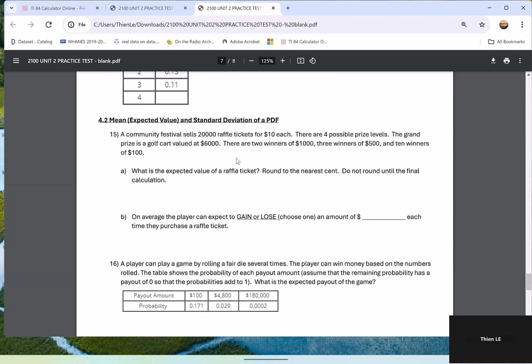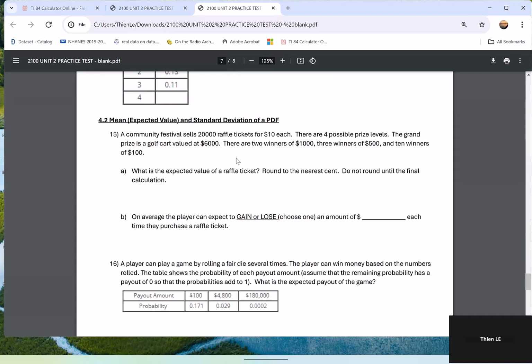For $1,000 winning, you get just 2 out of 20,000. For the prize of $500, you only have 3 out of 20,000. And for the prize of $100, you get the probability of 10 out of 20,000.